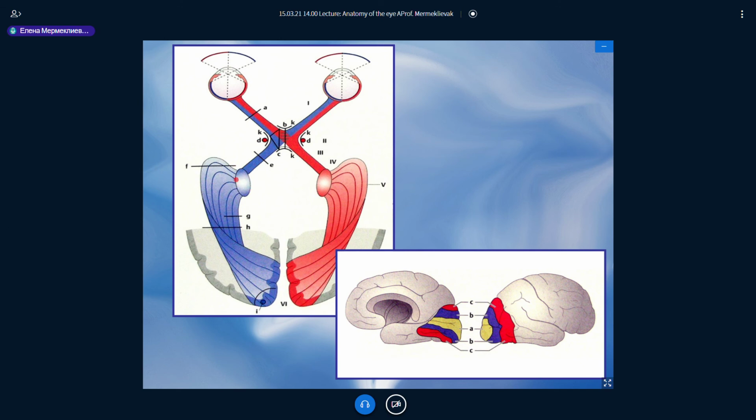After they go to the corpus geniculatum laterale, from here starts the 4th neuron that goes through the optic radiation to the occipital part of the brain.